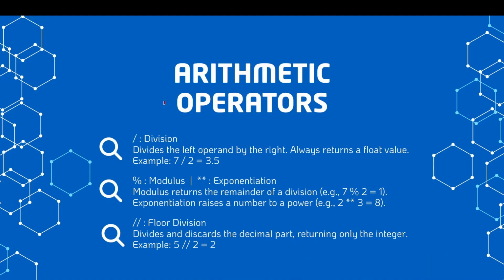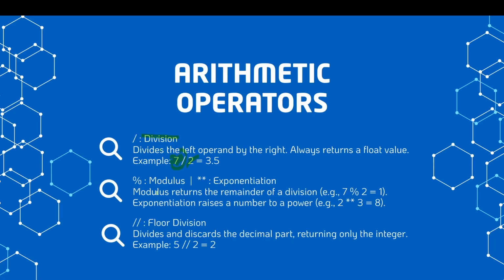As you can see very well, here it is our division operator. Here it is written: divides the left operand by the right. The same thing is going to happen. This one is our 7, which is our left operand, and 2, which is our right operand.